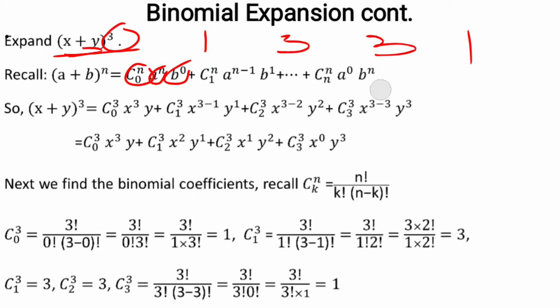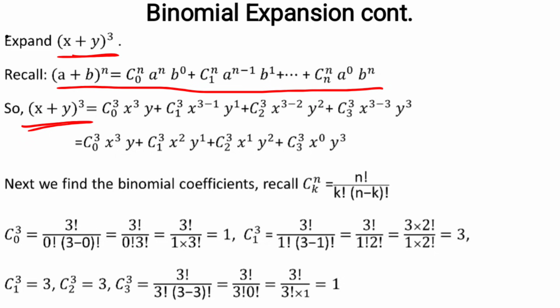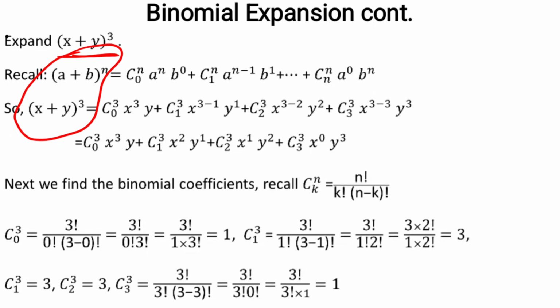Okay, so with that said, we now compare this binomial expansion formula with what we need to expand here. We're told to expand x plus y all raised to the power 3. So if you look at it carefully and compare this to the formula, our a is x, b is y, and our n is now 3, right?